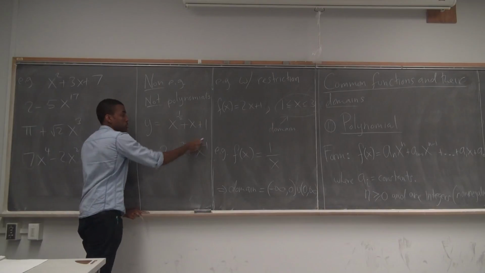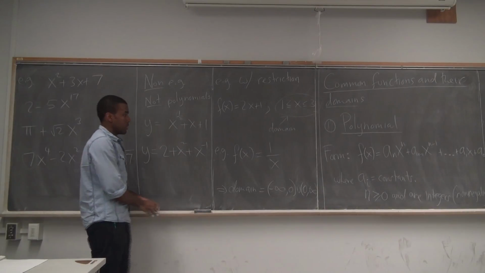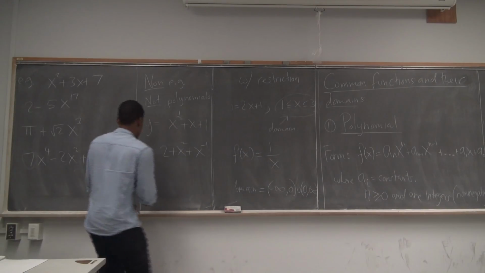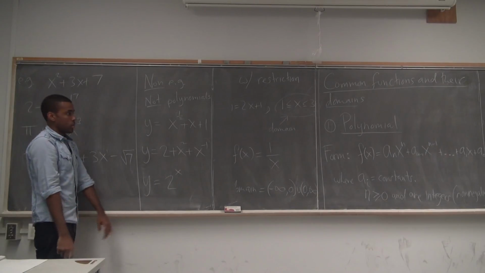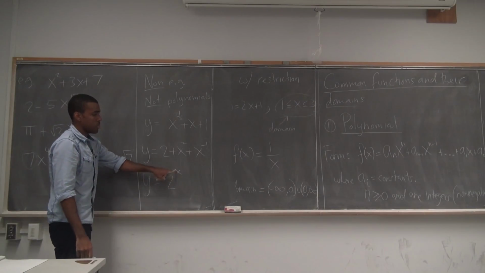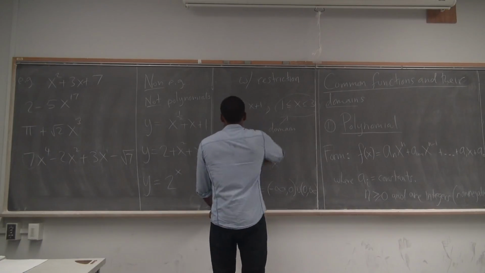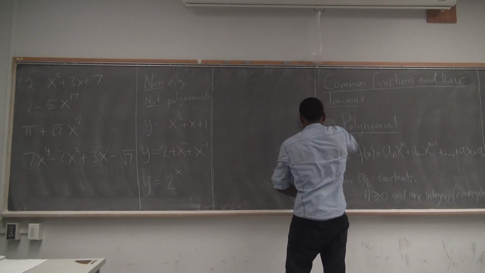It's not a polynomial because of this guy, the power is negative. Polynomials cannot have negative power. Or I can have y equals 2 to the x. That is not a polynomial because your x needs to be on the bottom and the power needs to be a constant. So any guy that looks like this, you call a polynomial.